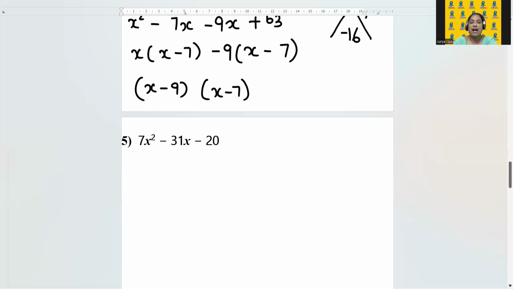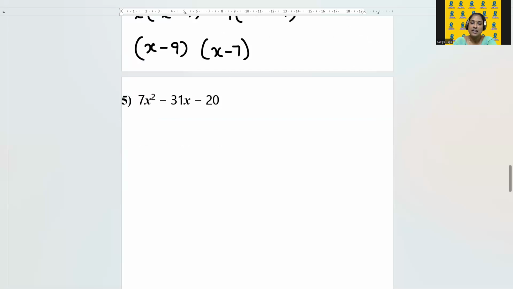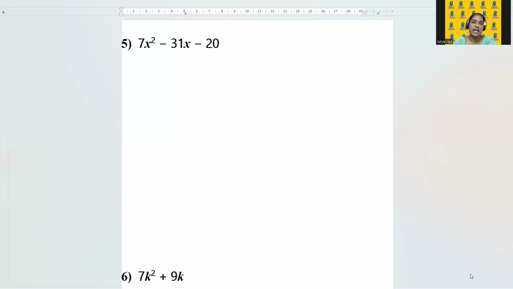In this part, I have included easy sums, medium sums, and hard sums as well, different kinds of sums. So if you see number 5, 7x square minus 31x minus 20, we have the coefficient of x squared as 7. Before we had 1, here we have 7.